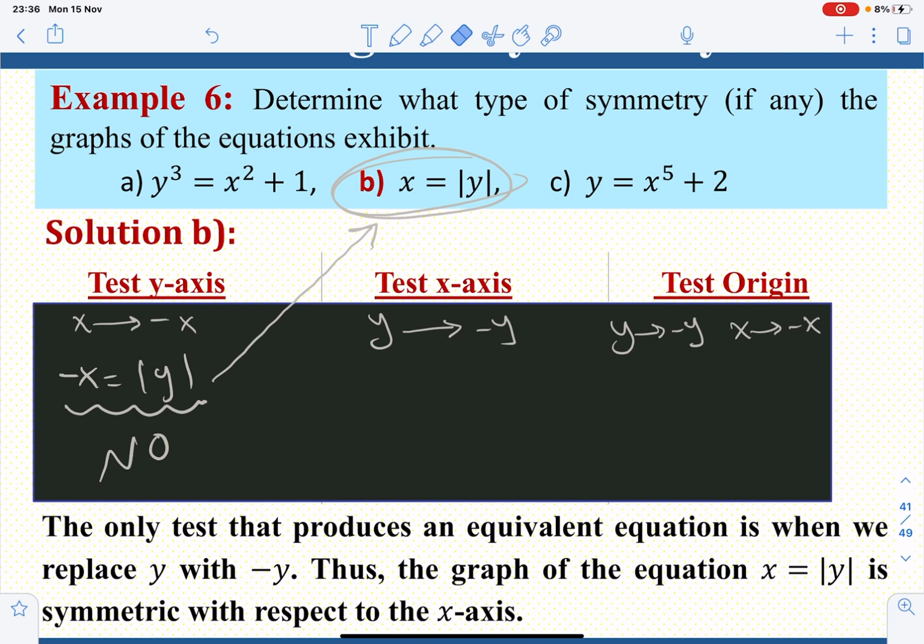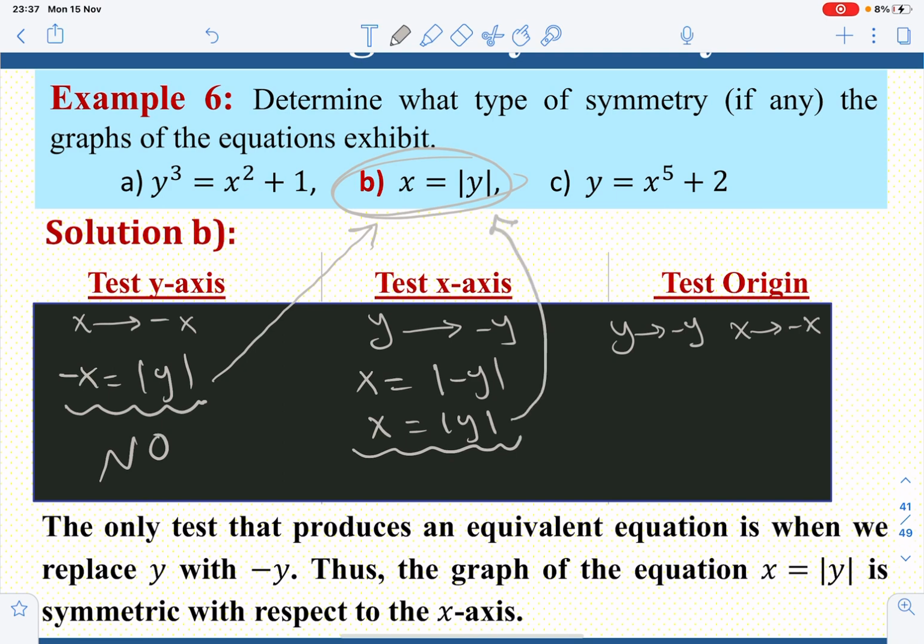Okay, now in here I will exchange y with negative y, so this would be x equals the absolute value of negative y. Now the absolute value of negative y equals the absolute value of y. So I'm left with the equation that is equal to the original equation, so yes.